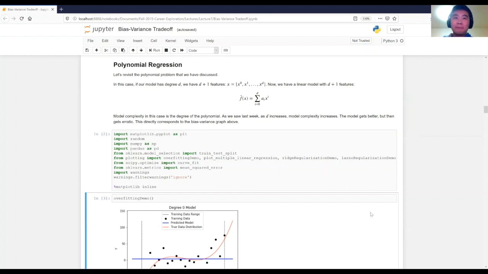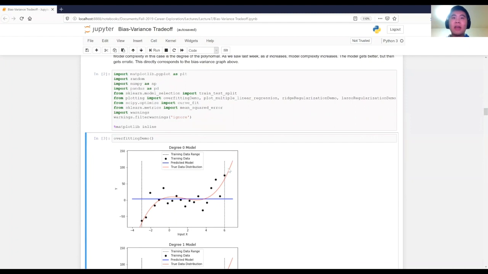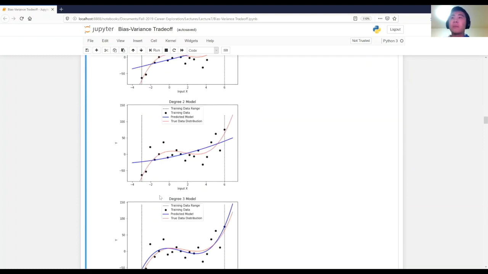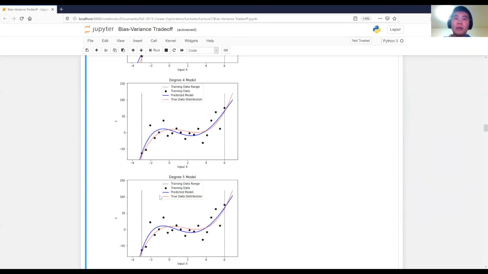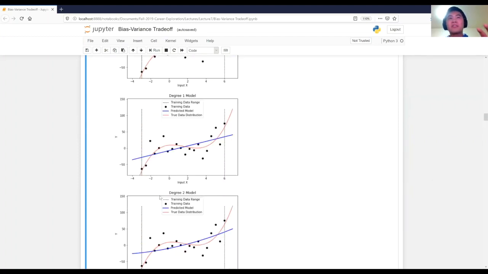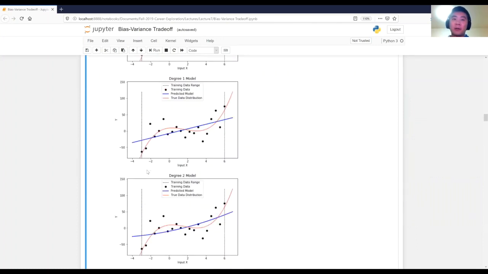Let's see. I have my true distribution in red, and then I'm going to illustrate a bunch of different models that try to fit this data. Here I have degree 0, which is just a straight line. Then I gradually increase the complexity of my model by increasing the degree of the polynomial that I'm fitting. We start off with models that obviously are not complex enough to describe our data.